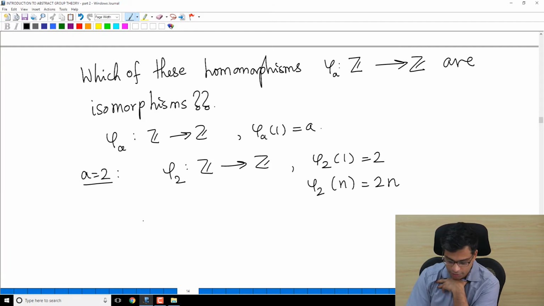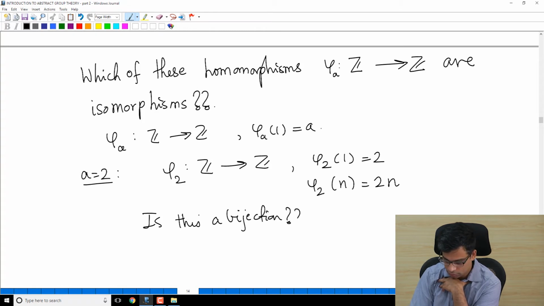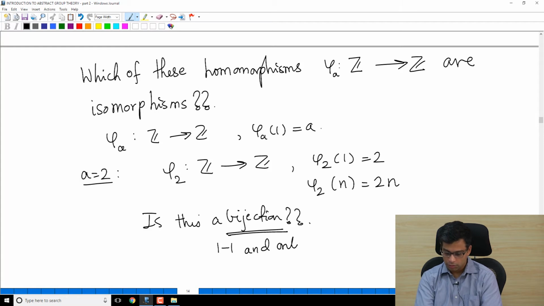Is this a bijection? Think about it for a minute. Recall that bijections are one-to-one and onto. Bijections are injective and surjective. Those were the words I introduced in a previous video.